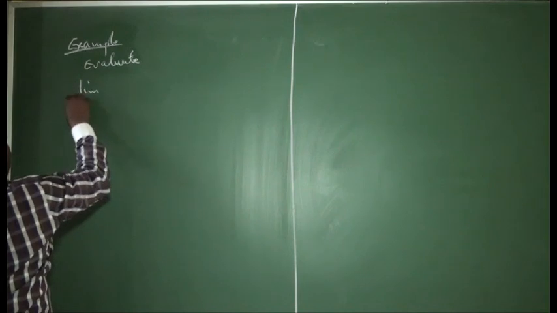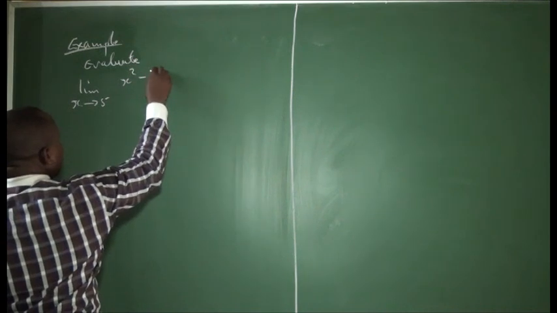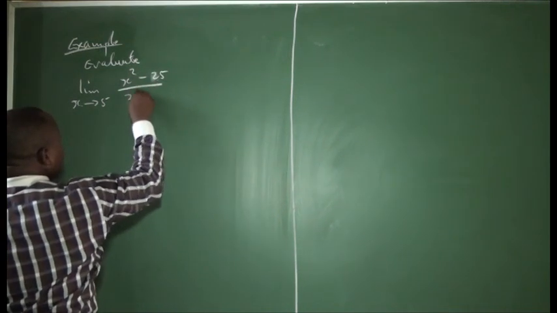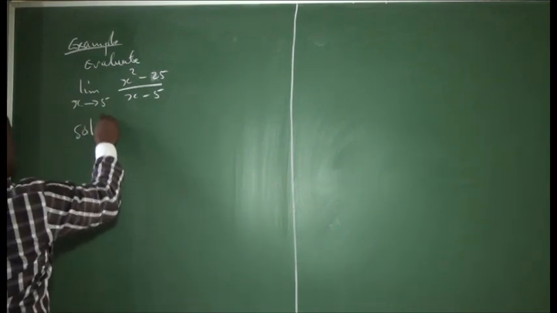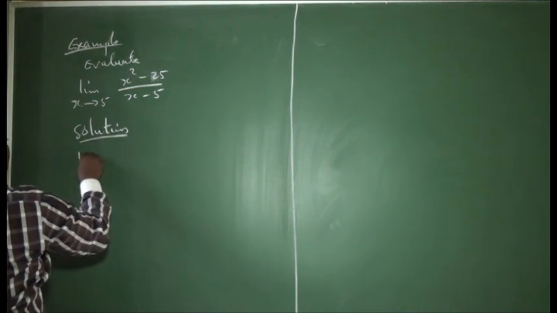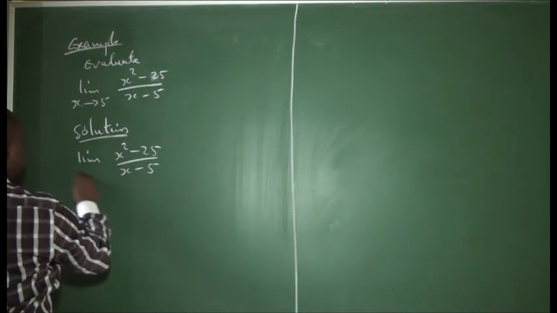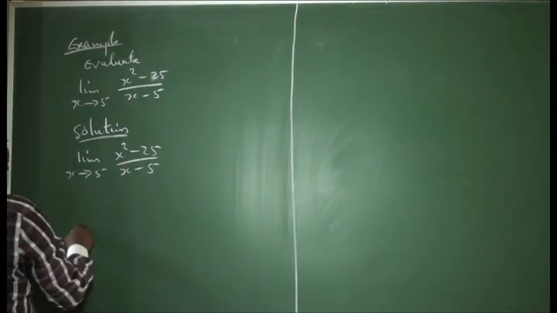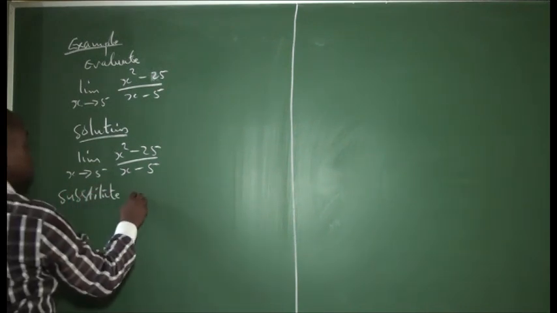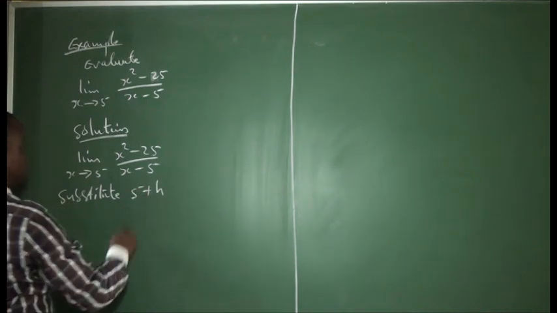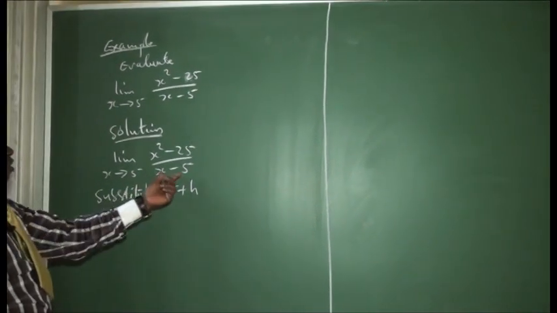Evaluate the limit as x approaches 5 of x squared minus 25 over x minus 5. So here we substitute 5 plus h. x is approaching 5, but if I substitute 5 here, it will give me undefined expression.